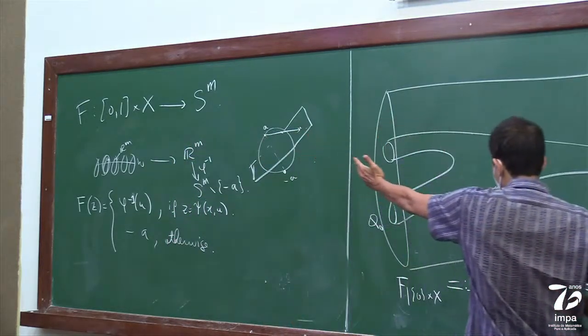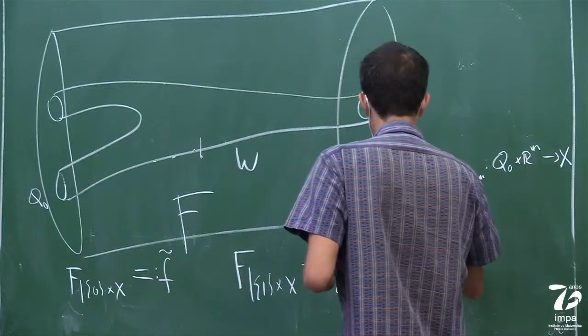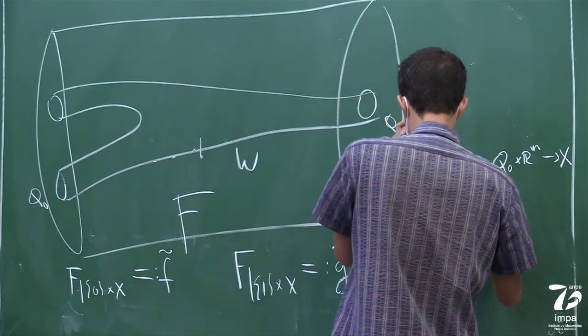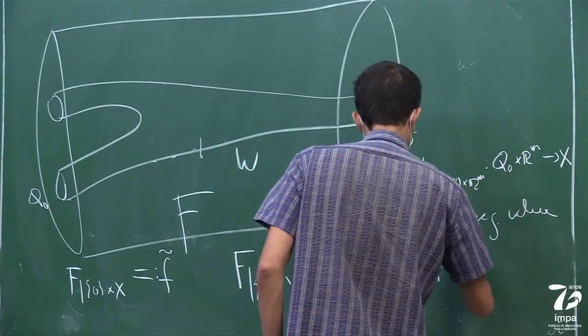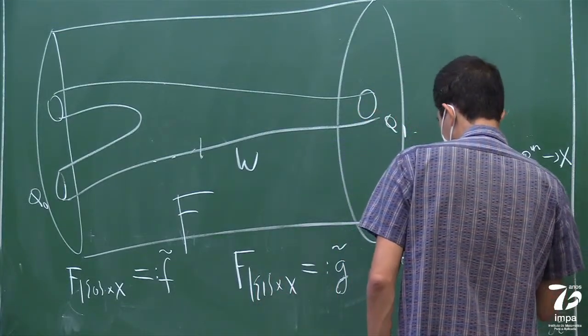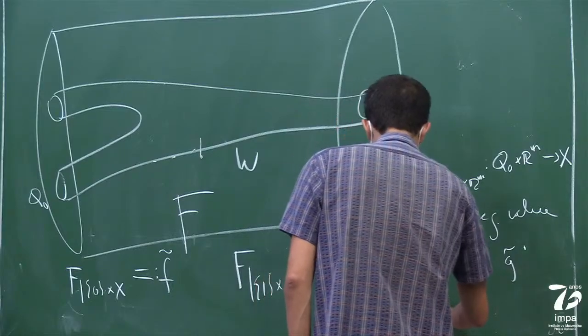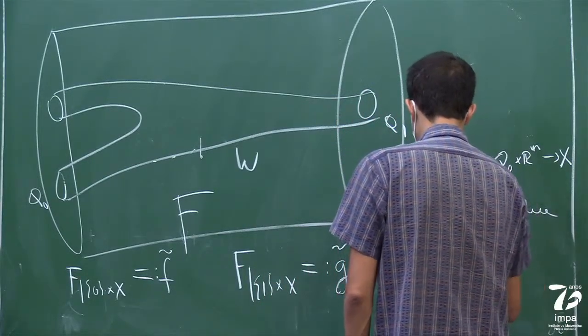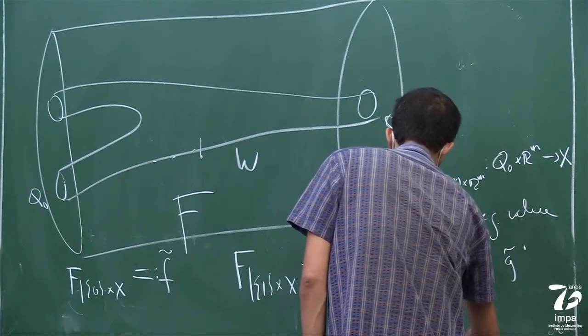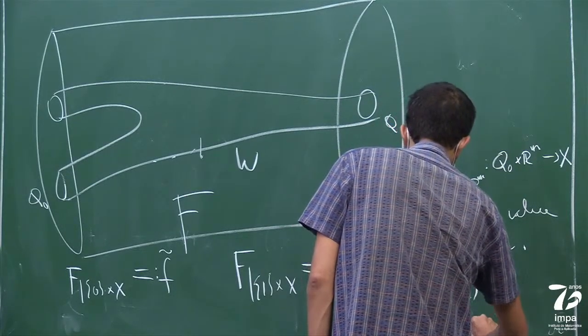So actually, a is a regular value of f tilde and g tilde, and it's kind of obvious that q0 is f tilde inverse of a, and q1 is g tilde inverse of a.